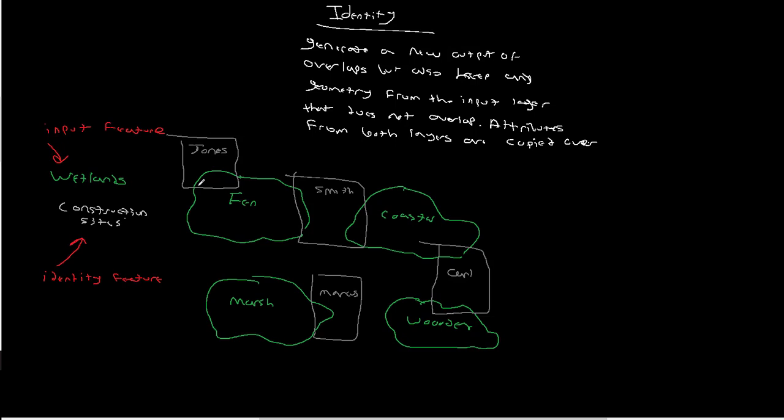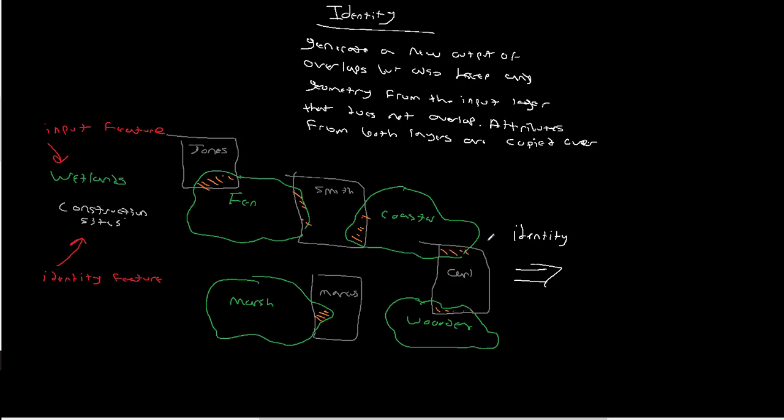So let's take a look at what happens when we run our identity tool. The first thing we're going to do is look at the areas of overlap. So we have this one, this here, here, here, here, and here.